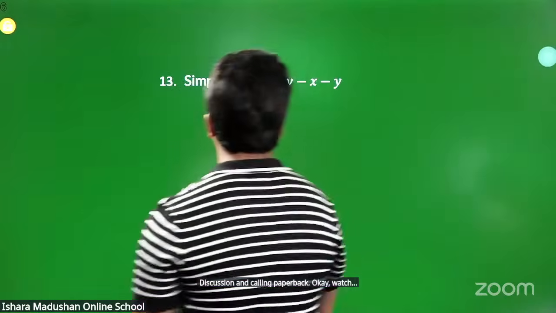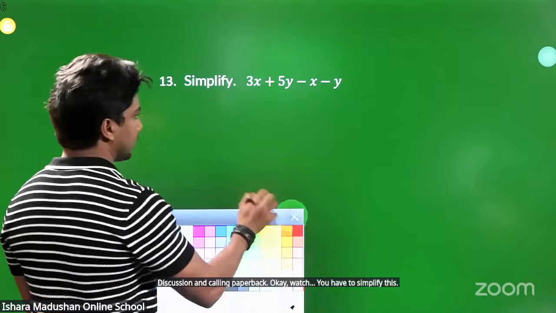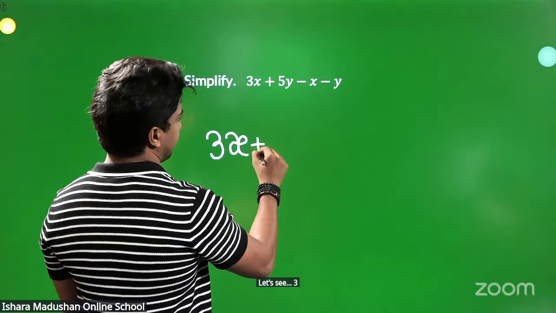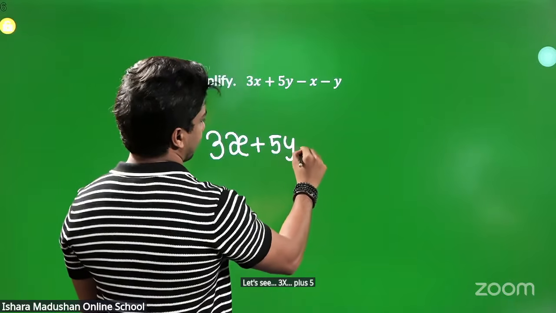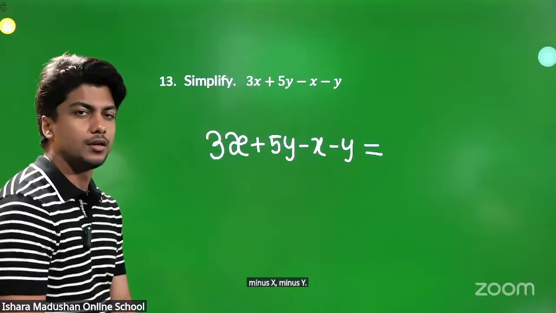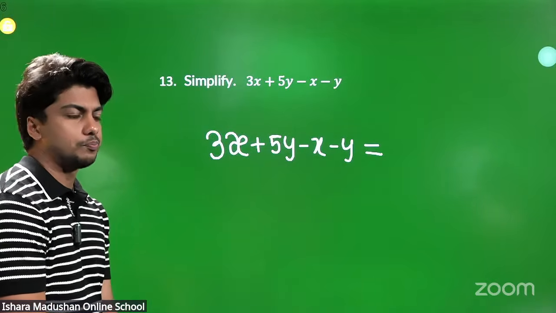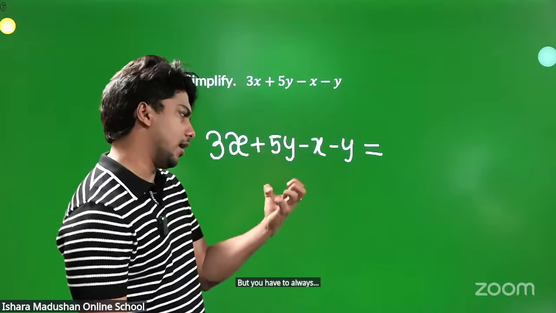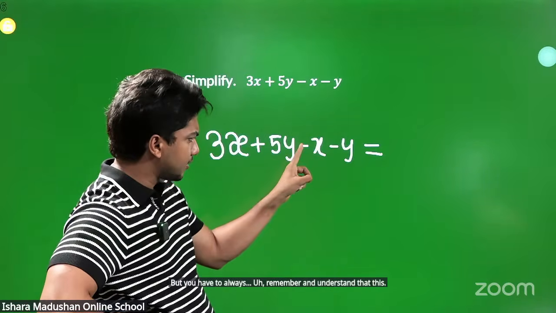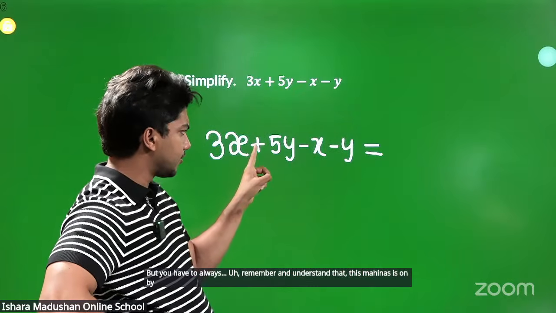You have to simplify this. Let's see. 3x plus 5y minus x minus y. But you have to always remember that this minus is on x, and this plus is on 5y.